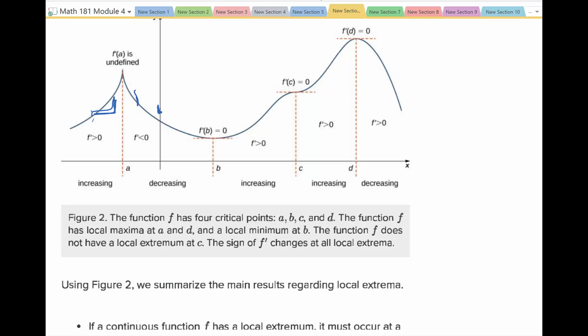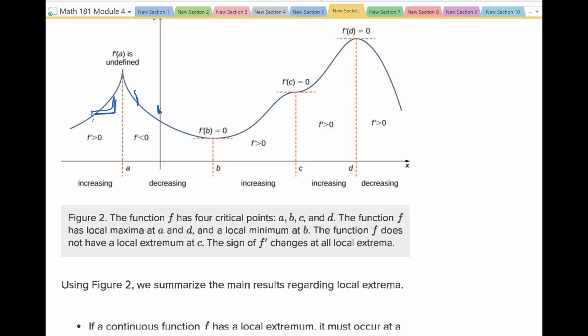So that means here it's concave up, and here it's concave down. So concave up is from negative infinity to 1/2, and concave down is from 1/2 to infinity.